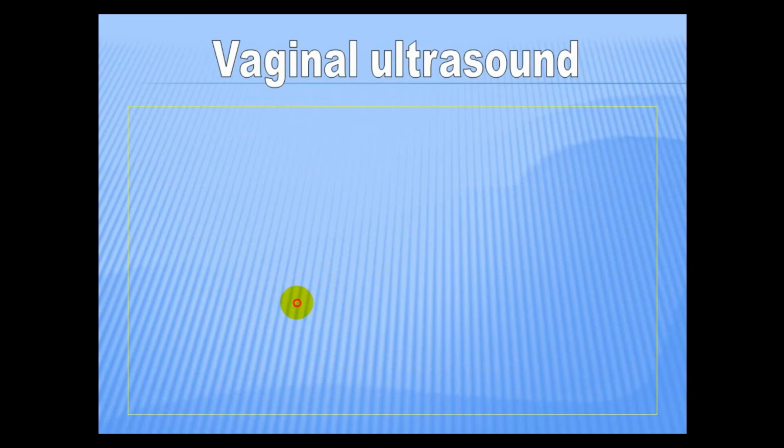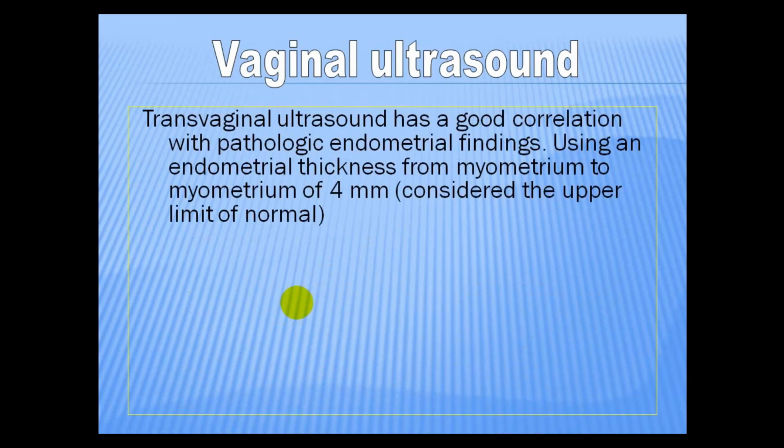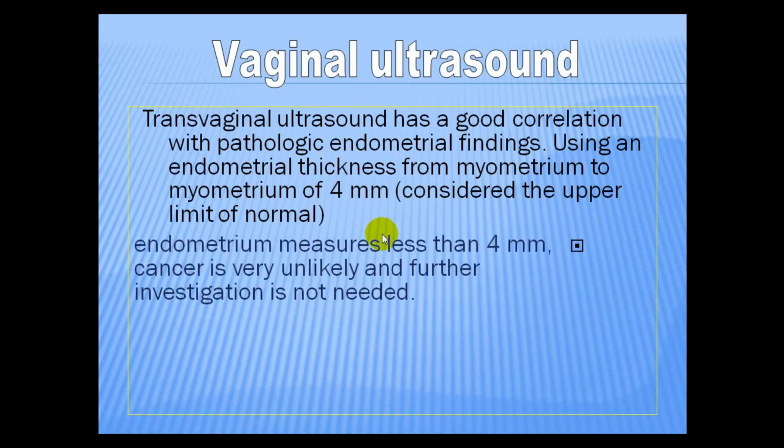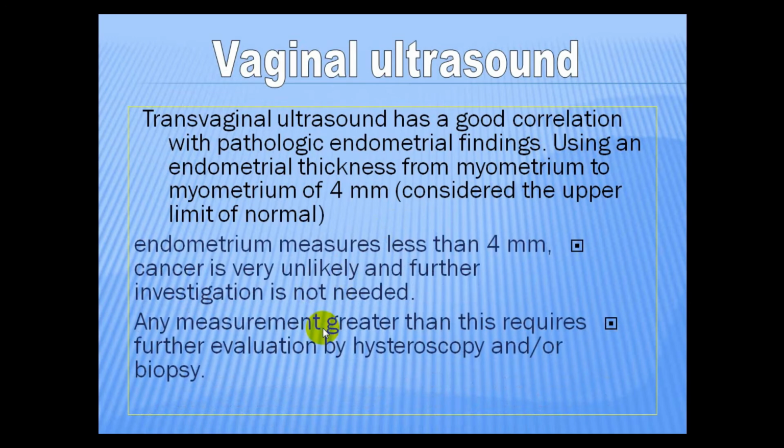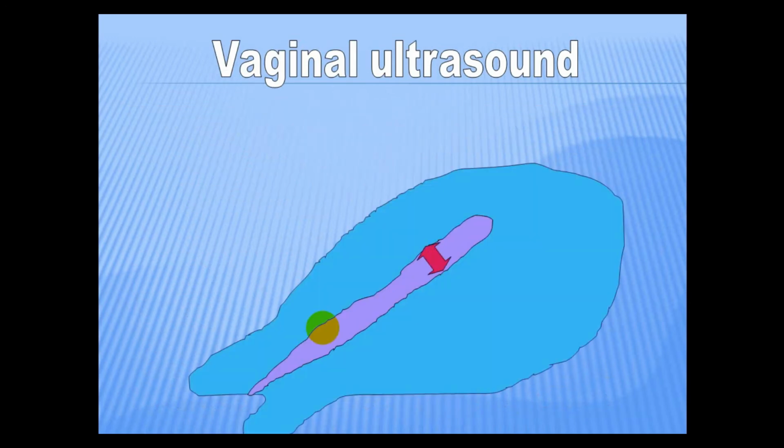Vaginal ultrasound is done for all patients to reveal endometrial thickness from the myometrium to the myometrium, and according to the age of the woman it should be assessed whether there is hyperplasia or not. This is the measurement of the endometrial layer in patients with postmenopausal bleeding.